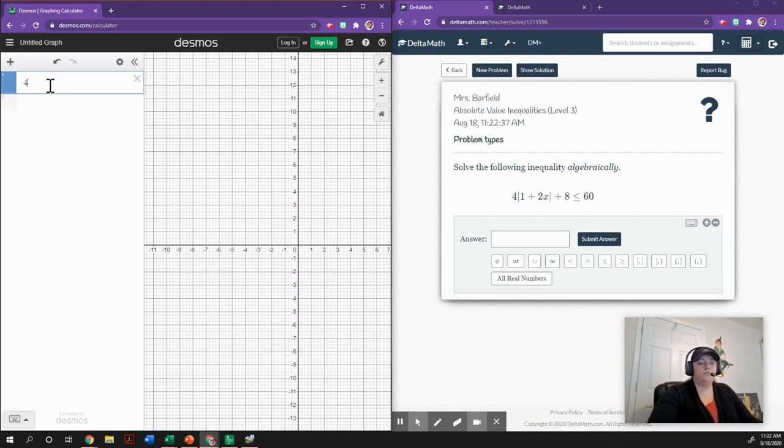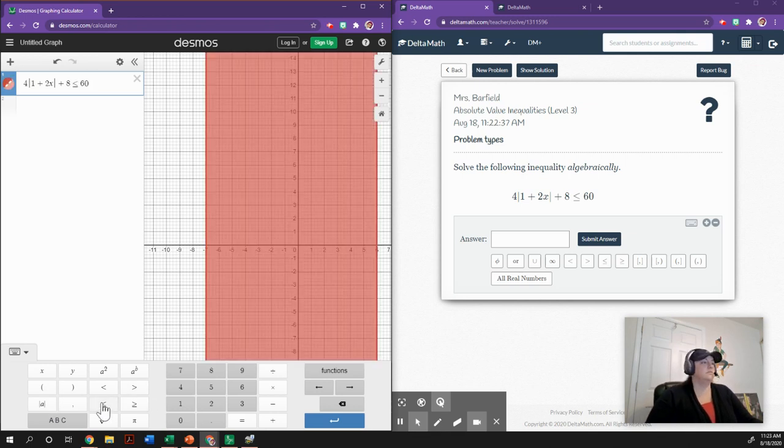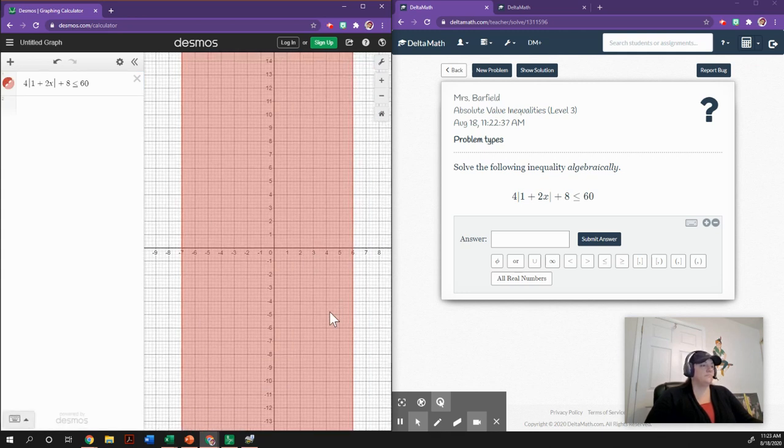4, absolute value, 1 plus 2x, absolute value, plus 8, less than or equal to 60. All right, so that means I'm shading inward, so that's an and.